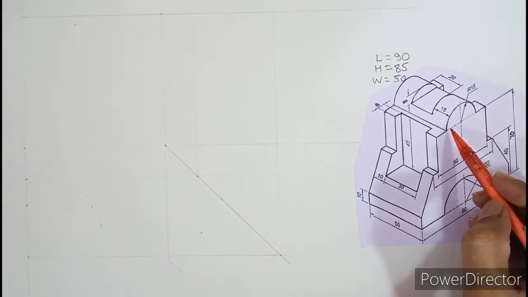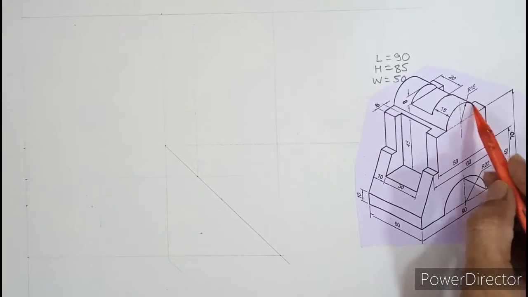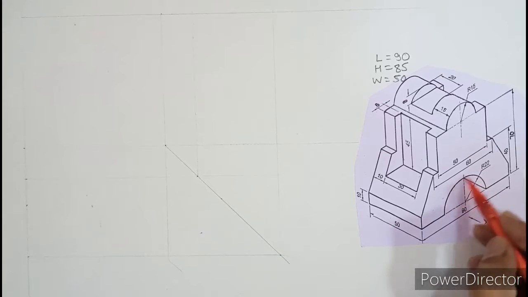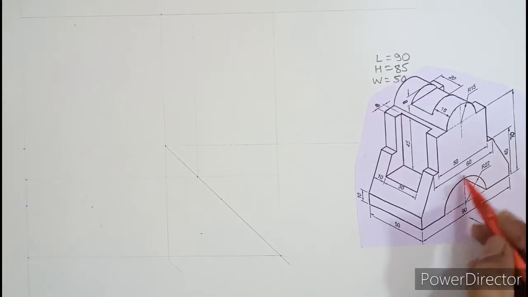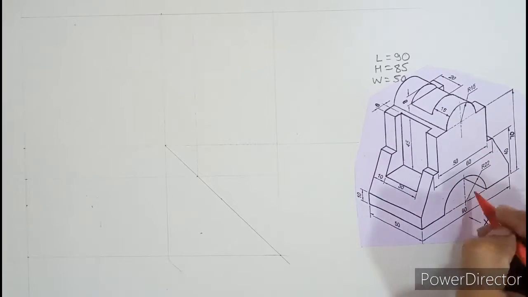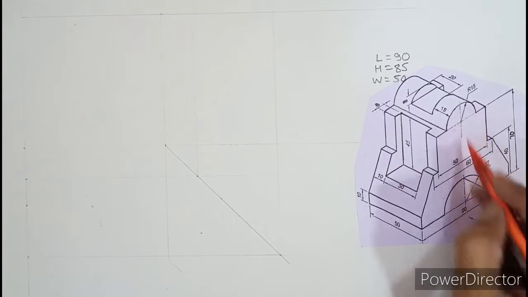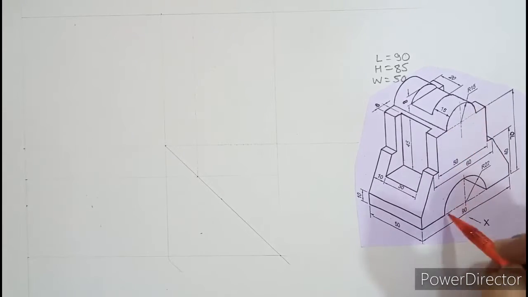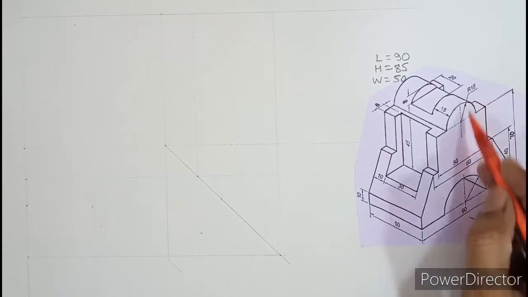So if you look at this question, you can see there are two semicircles, one over here of radius 15 and second is radius 22. Because both the semicircles can be seen as a semicircle from the front view, it is advisable to start with the front view, and that too you can see that both the semicircles are symmetrical about the vertical line.